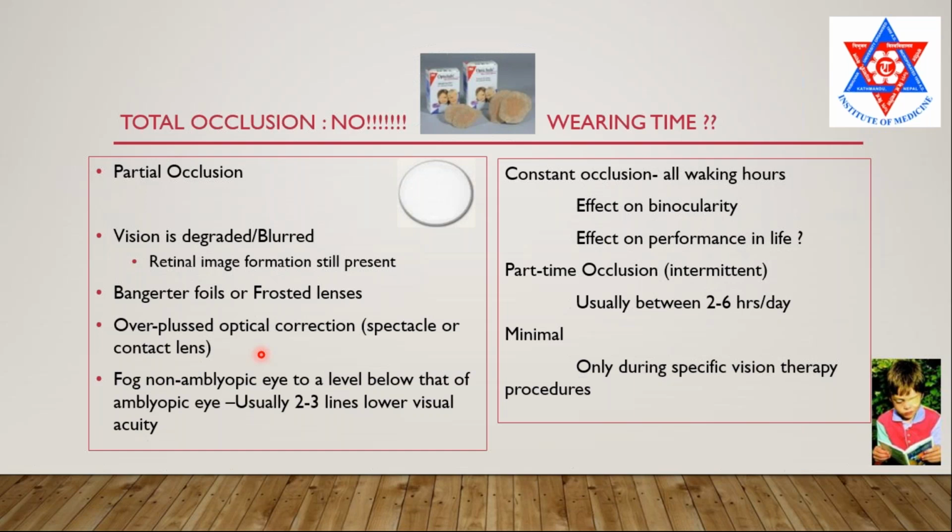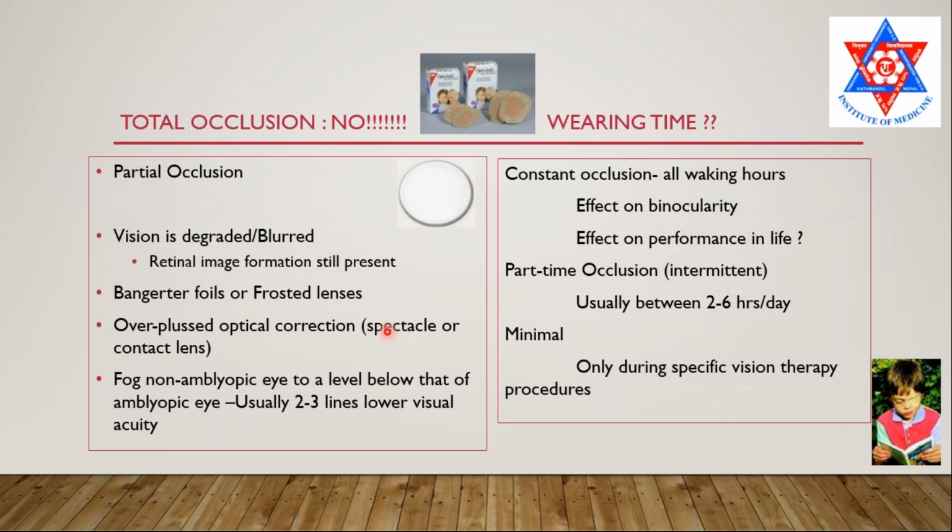What I have started doing is over-plusing the optical correction by about plus 0.5 or plus 1.5, incorporating it into the spectacle prescription, so that the vision of the good eye will be a bit more deteriorated than normal, and the amblyopic eye can better compete with the good eye.